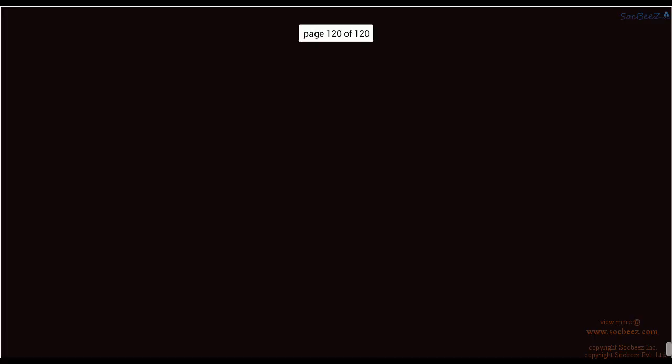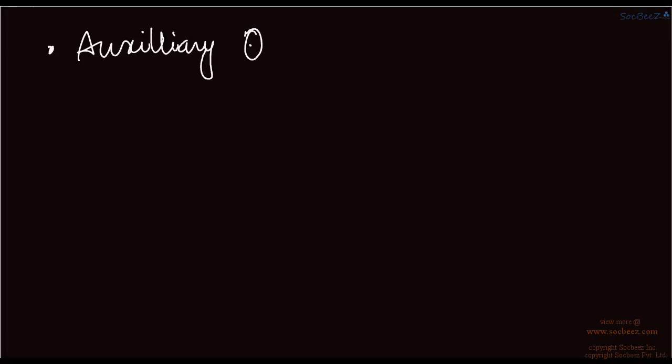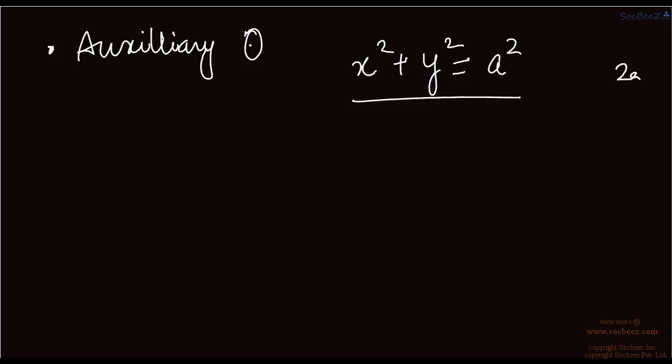Then we move on to the auxiliary circle. It is given by x square plus y square is equals to a square. Not the same as the circle. In the circle, it was x square plus y square is equals to 2a square. But in this case, we have a square.